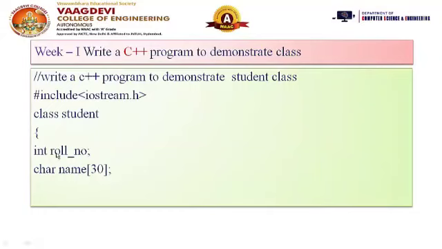Hence the variables roll number, name are private data members of the student class. Private members are not initialized directly. They should be initialized through the member function.